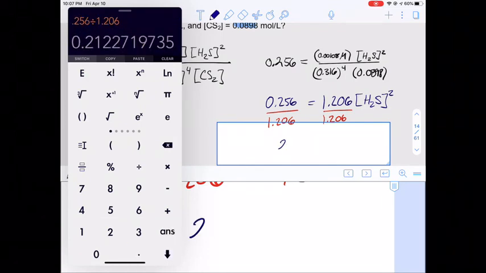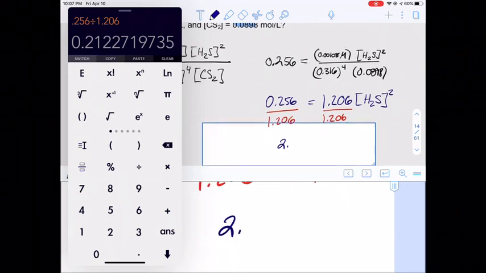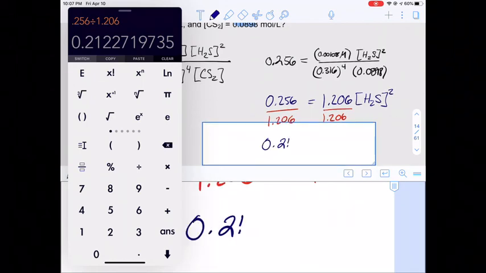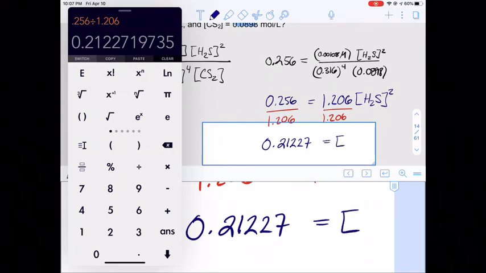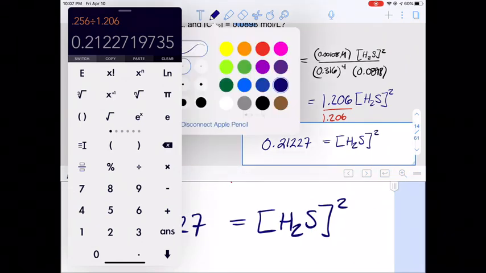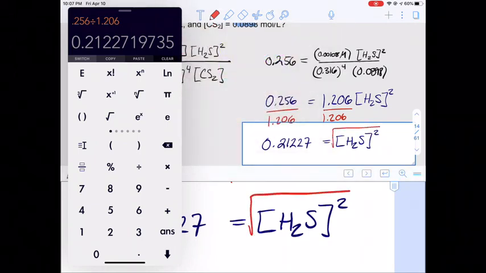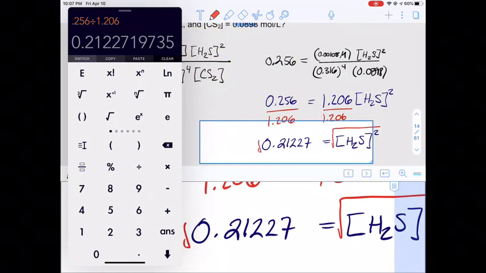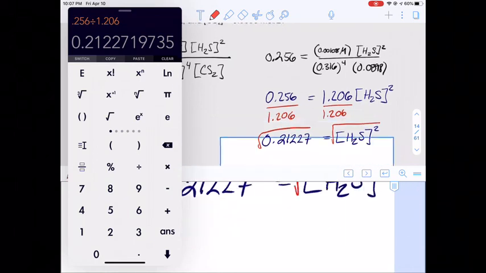That gives me 0.212. And in this case, where I'm going to do a square root, I'm going to leave a couple of extra decimal places because things can get a little wonky with roots if you don't have enough significant figures.